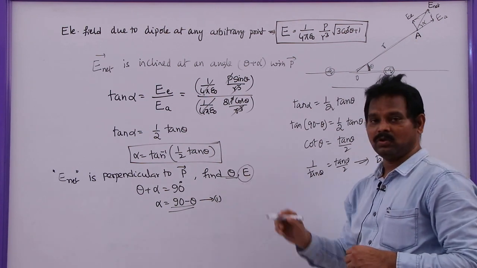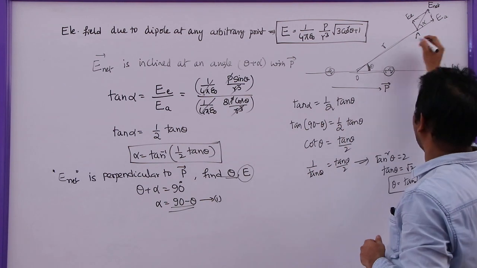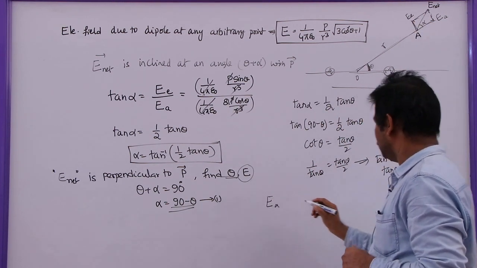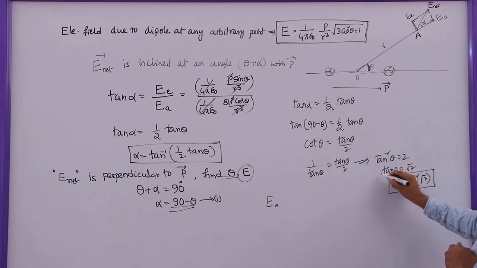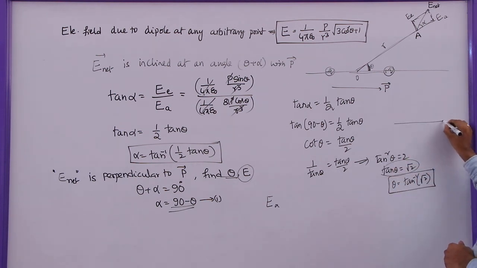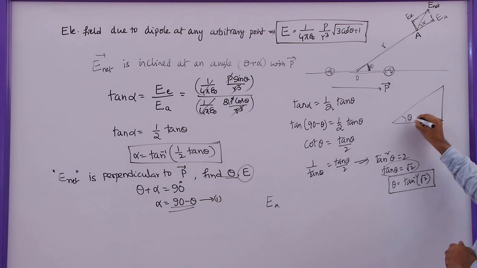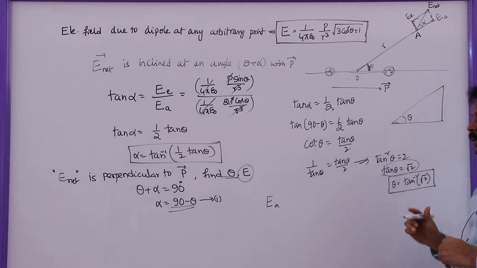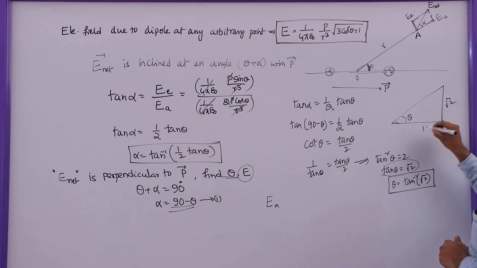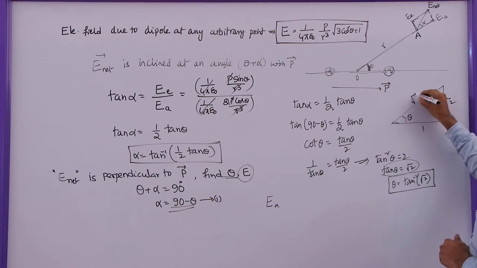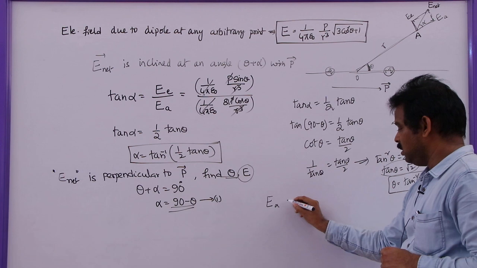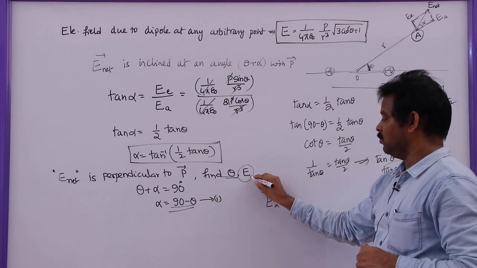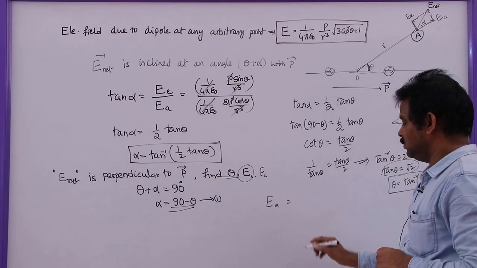But they are asking us to find out E also, that is E at this point, along the axial and equatorial directions. So what is E axial? From this we can write tan theta is equal to root 2. Let me draw the diagram. Tan theta is the opposite side by the adjacent side, that is root 2 by 1. So the hypotenuse will become root 3. Now E axial at point A, I am finding both E axial and E equatorial.